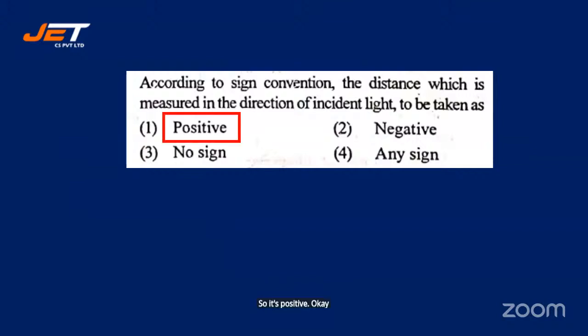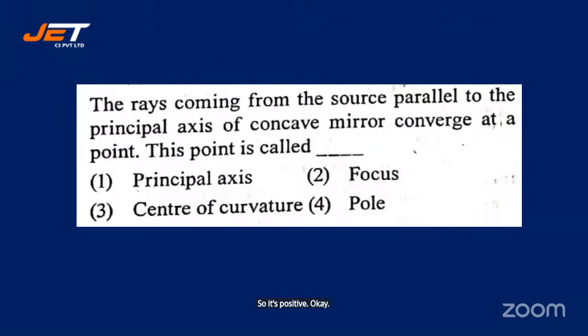Okay. The rays coming from the source parallel to the principal axis of the concave mirror converge at a point. This point is called principal axis, focus, center of curvature, or pole? Rays are coming parallel to the principal axis. Note that.